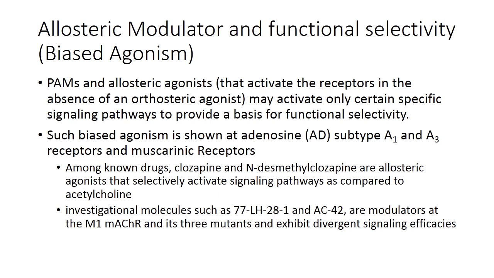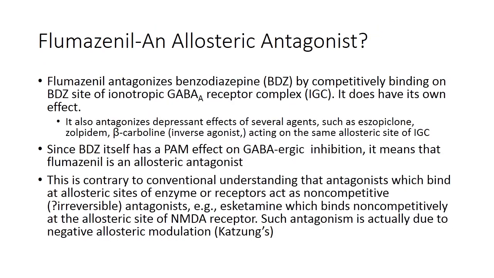That means either GTPase activity or beta-arrestin activity is preferentially being activated, and this is known as functional selectivity. The other name for functional selectivity is biased agonism. Now this biased agonism has been shown by modulators at adenosine subtype receptors and muscarinic subtype receptors. Therefore, a few drugs are being developed with signaling efficacies which are biased or selective.